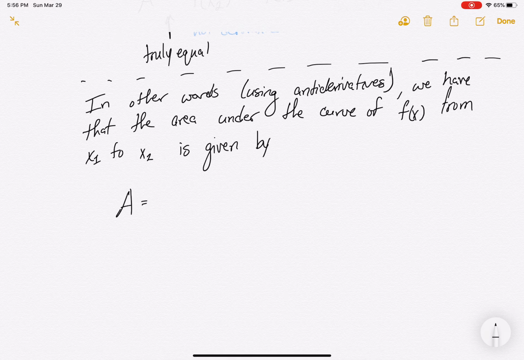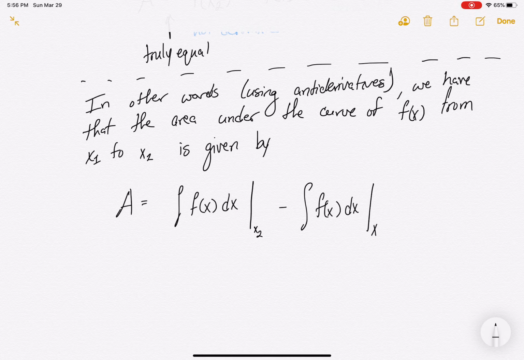A. We can now talk about this as an integral of f, and then we use this interesting notation, we use a vertical bar and we say x2, that means evaluate at x2, minus the integral evaluated at x1.